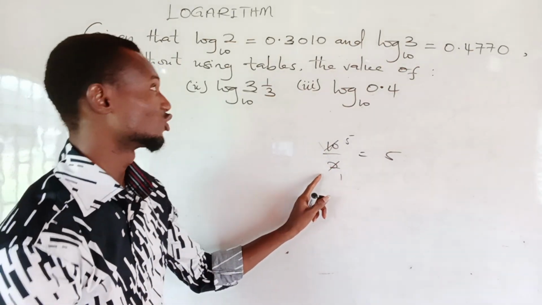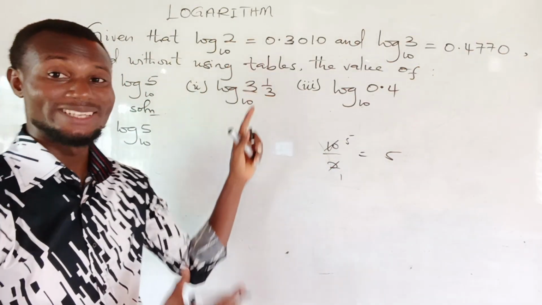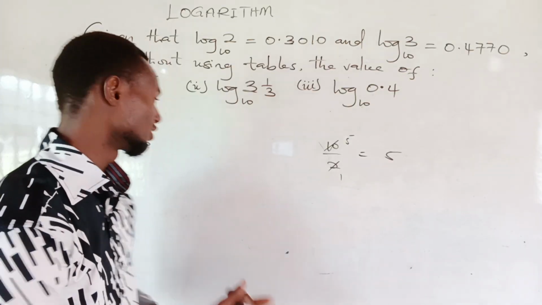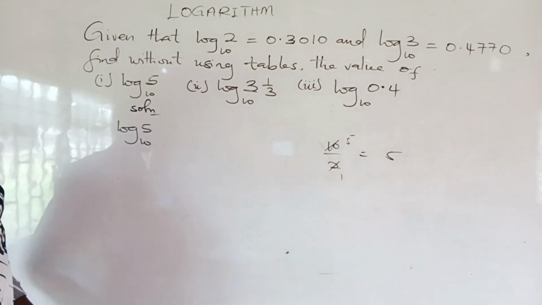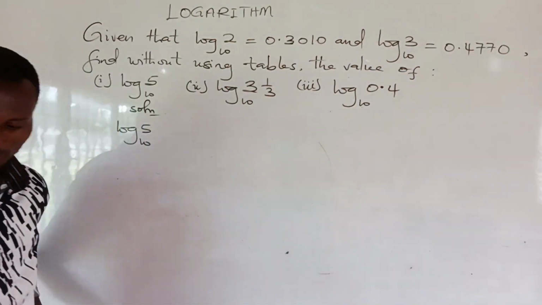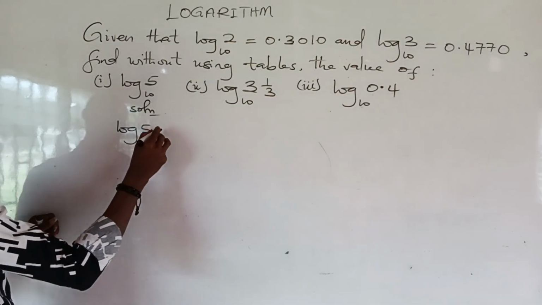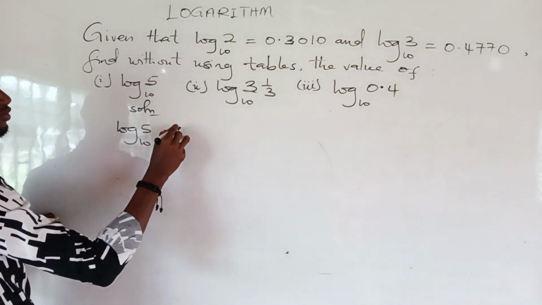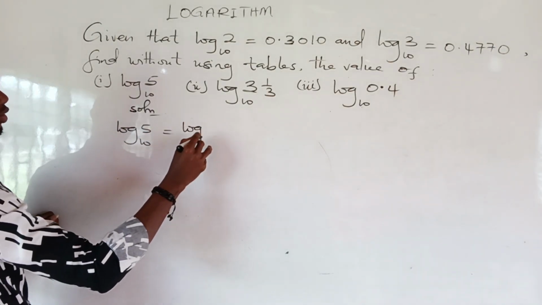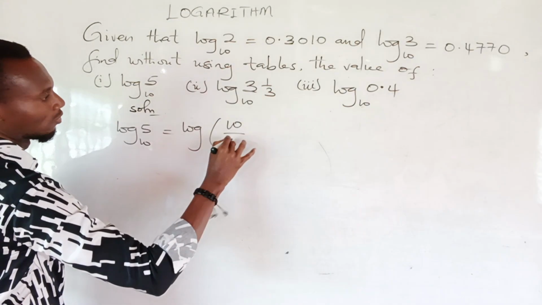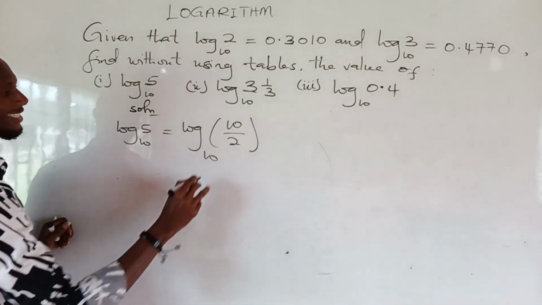The idea is to get the log 2 to the base 10 inside. Are you okay with it? So let's go ahead and do that. I'm going to clean this from here so that we can write this one in another form. So I'm going to write this one as the log of 10 over 2 to the base 10.